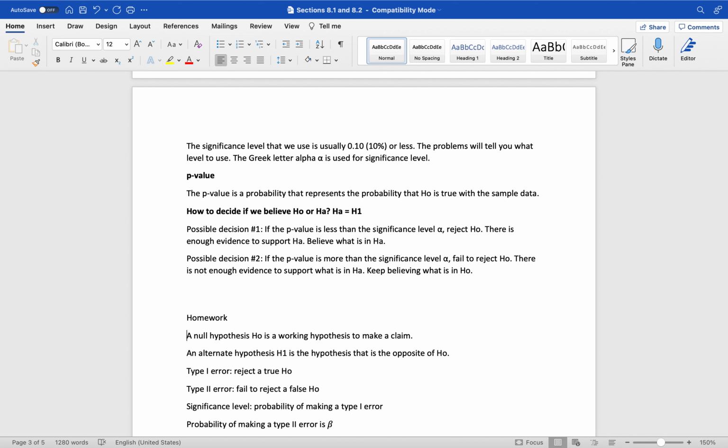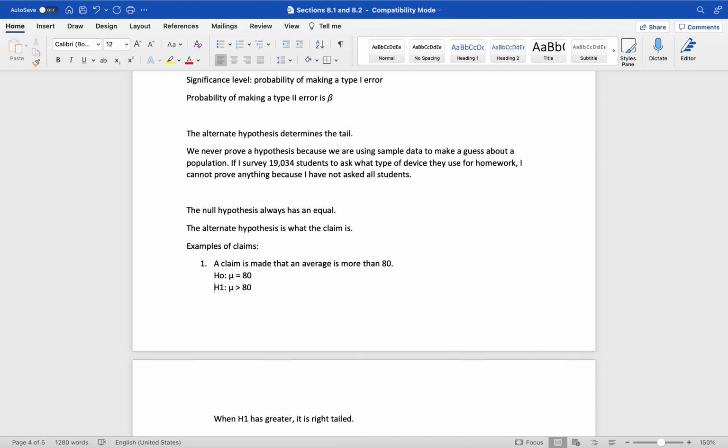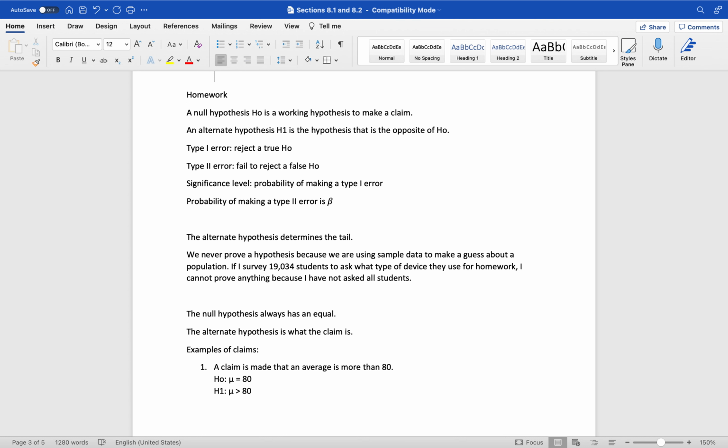Okay, so in our homework, a null hypothesis, H0, is a working hypothesis to make a claim. An alternate, H1, is the opposite of H0. Type 1 error: reject a true H0.